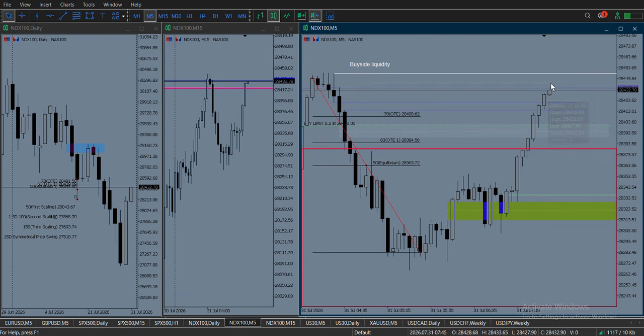You can see how it's moving higher. So another thing that price can do, we can get so close into this high here and never take it out.